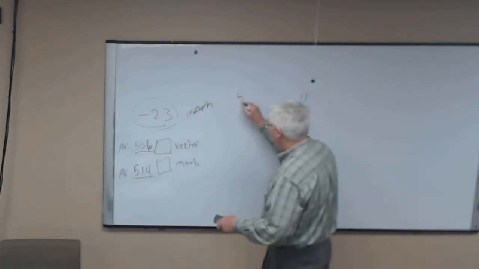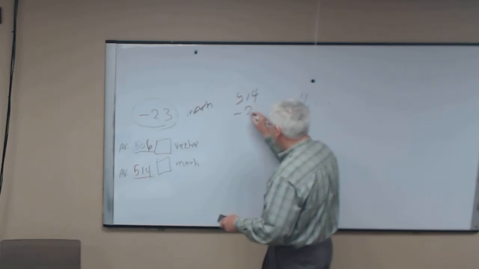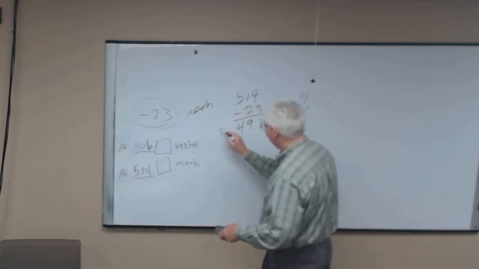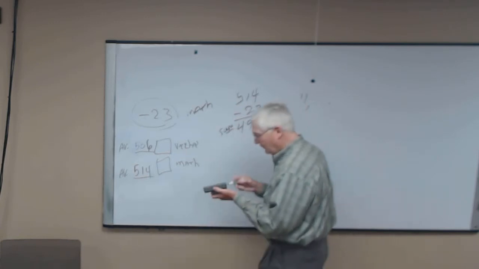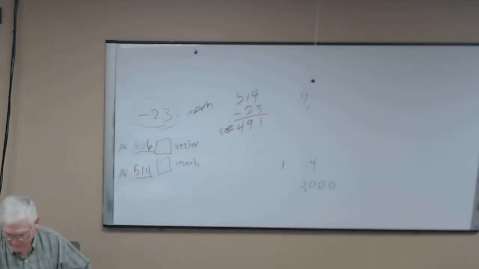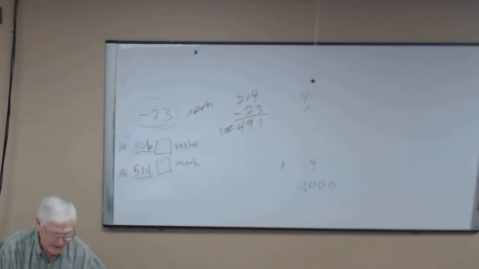So we go 514 minus 23. And their score was 491. Okay? Which one is that? Number 38? Yep, that's what it says on my tablet, 491.